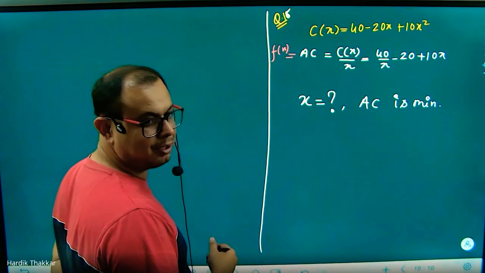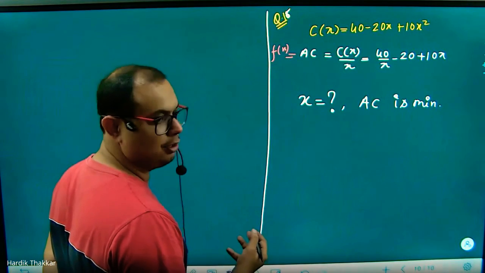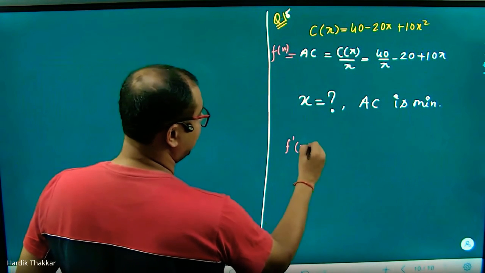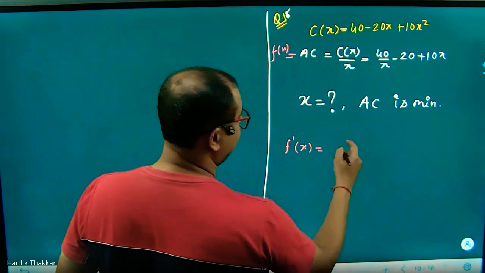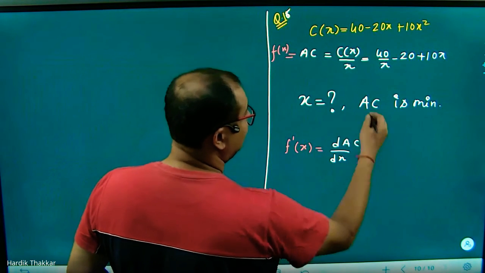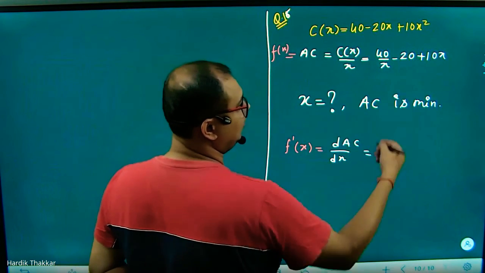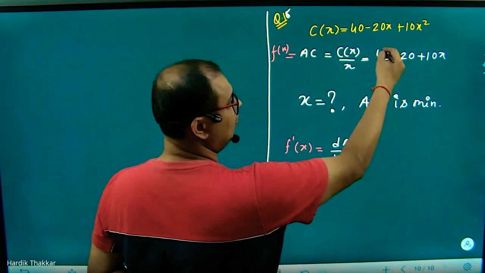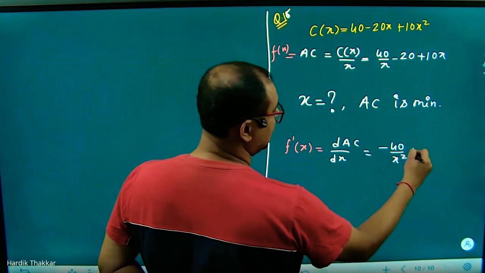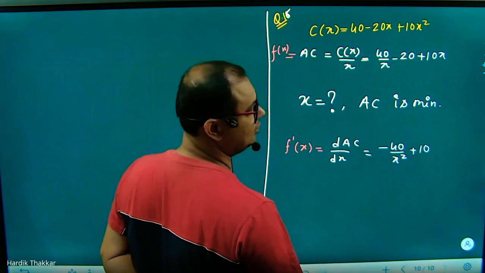How do we minimize a function, how do we get the minimum value of this f of x? First we differentiate and find f dash of x, which is d by dx of AC. The derivative of this function will be minus 40 upon x square plus 10. Just check.